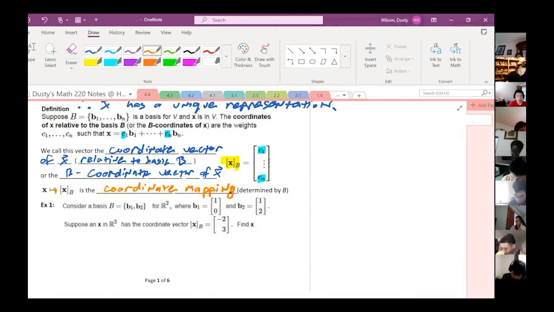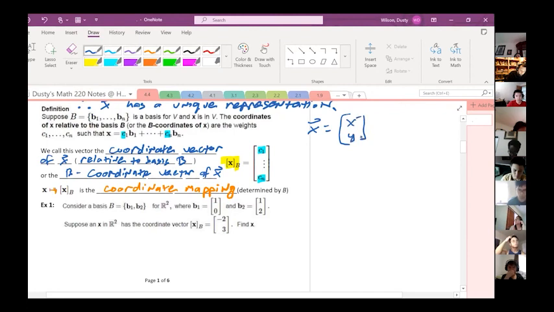Let me see if we can just do a simple aside example that might help you think about what this might look like. So if you have x equal to, let's think like x, y, then just as in your old world, think about x in the polar world.